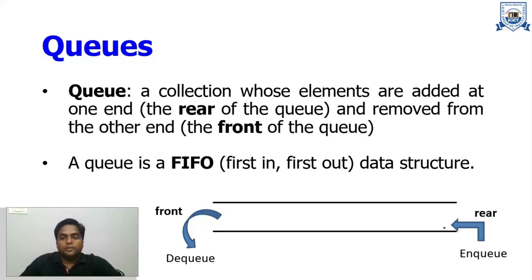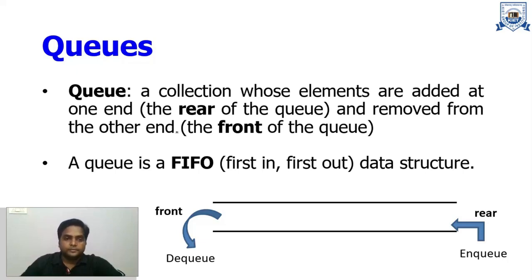So we perform insertion from one end and deletion from another end. The end from where we perform insertion is known as rear, and the end where we perform deletion is known as front end. So always in queue the insertion is performed from rear end and deletion is performed from front end. The rear is also known as tail, and the front is also known as head.